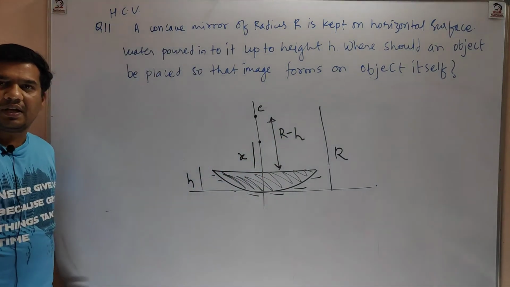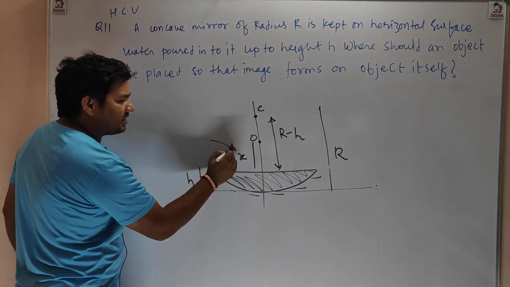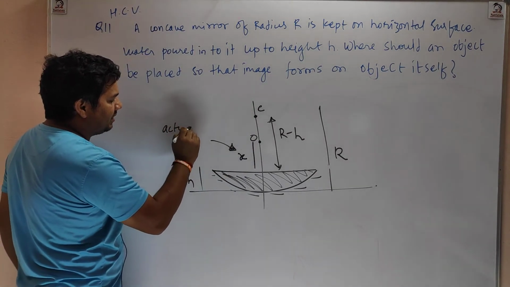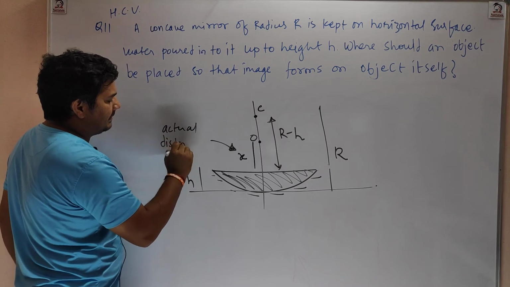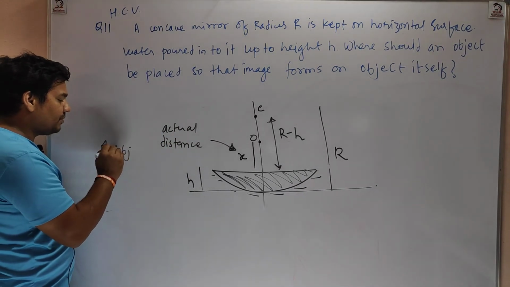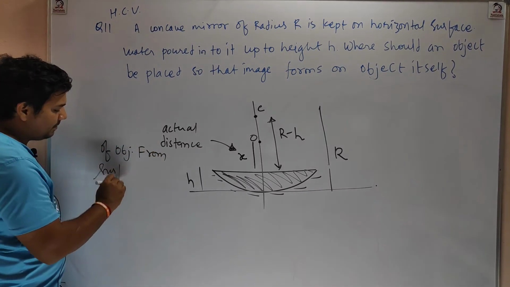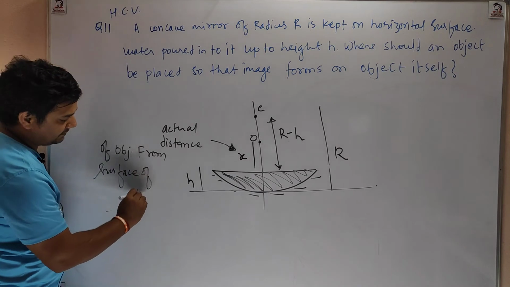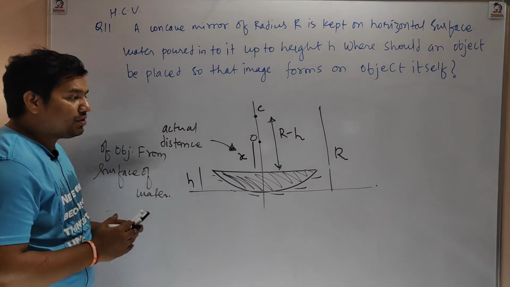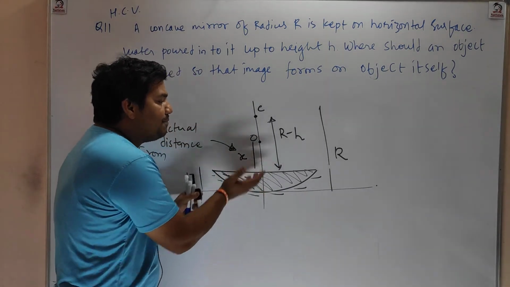Agree? This is the actual height, this is the object. Suppose this is the actual distance of the object from the surface of water, but because of this water level, the apparent distance of this object will be more.